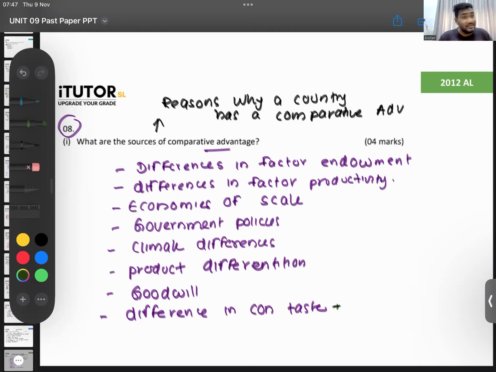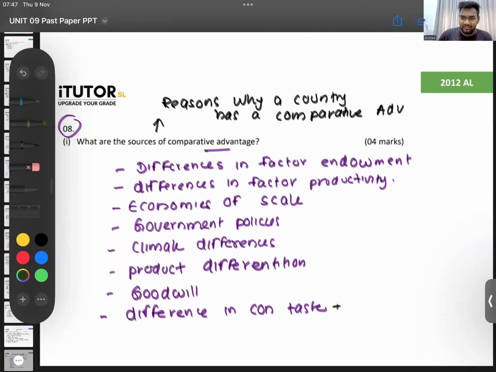They still buy our tea. That's why we have the comparative advantage. Take motor vehicles: Japan might have cheaper motor vehicles, like Toyota. But still, why do we buy vehicles like the Mercedes Benz and BMW, the European vehicles? Because of differences in taste. That could be a reason.